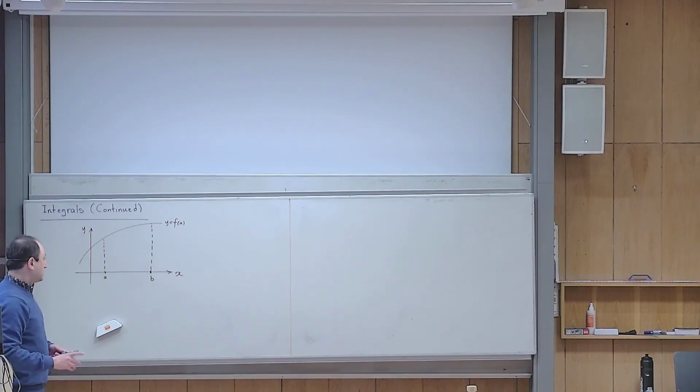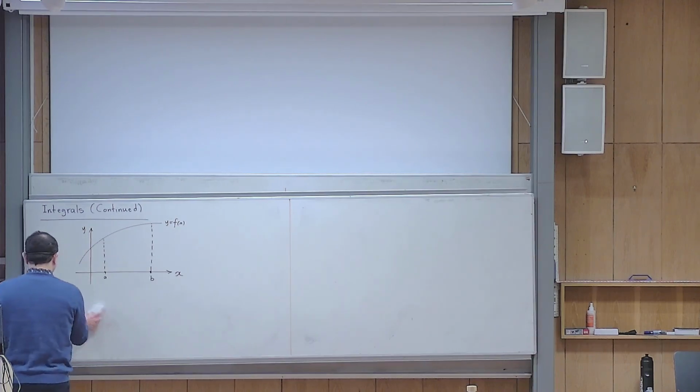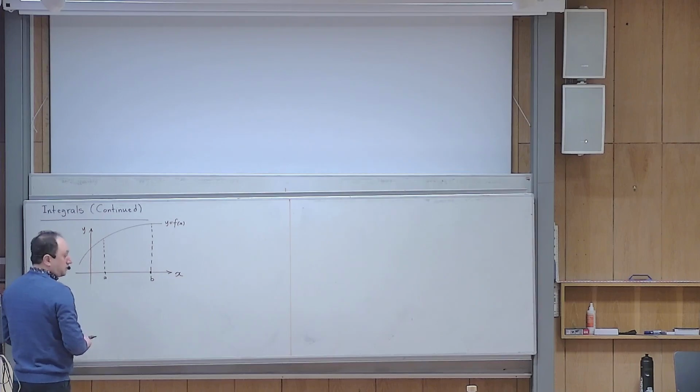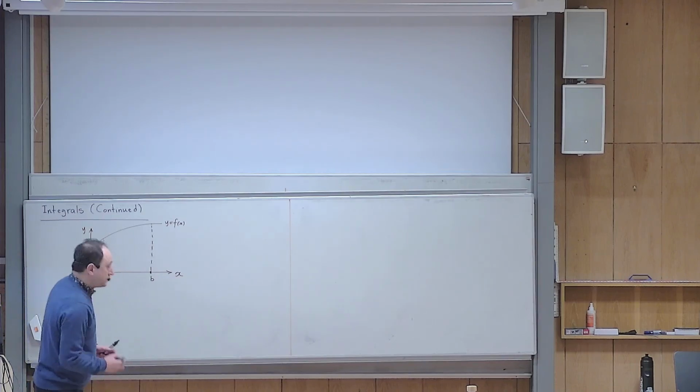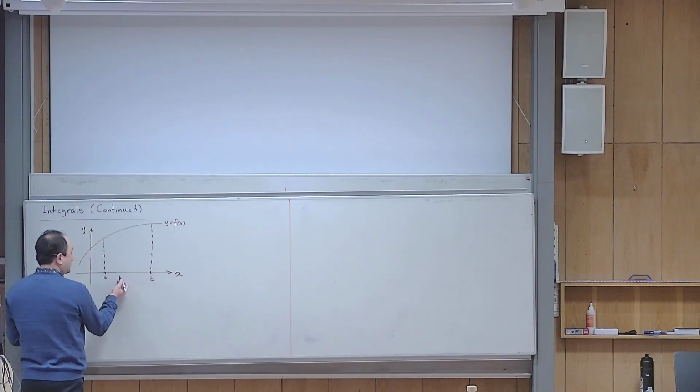I don't know if that is exactly the standard one or if this book has chosen to use it. So if you remember, my idea was to partition this interval into sub-intervals by choosing some intermediate points.